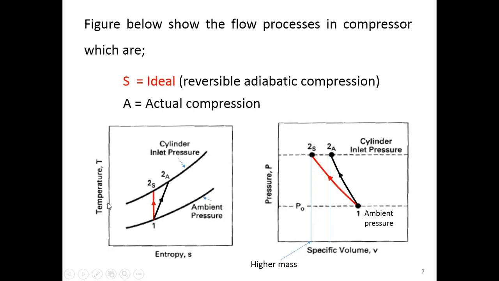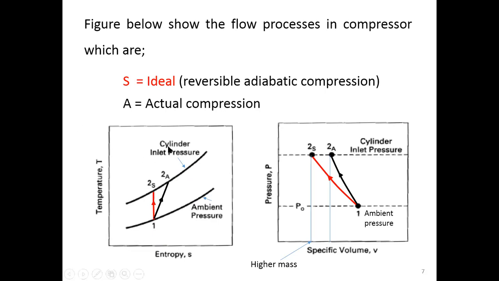If you look at the T-S diagram here, this device operates between two pressure lines. The first one is called the ambient pressure because it draws the air from the ambient. The second one is the cylinder inlet pressure, because this is the pressure of the air after being compressed, which will flow into the cylinder.